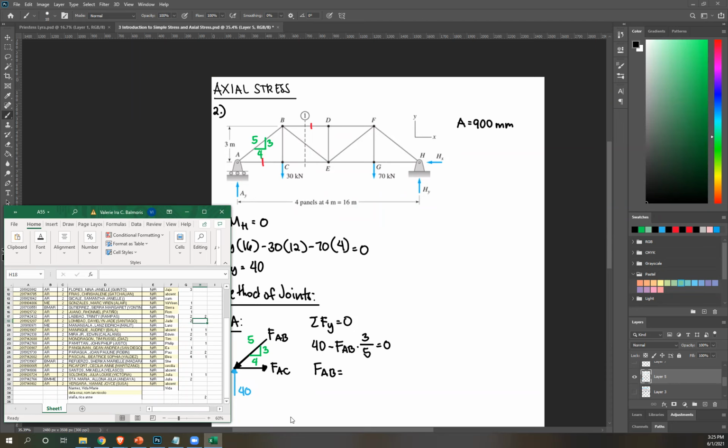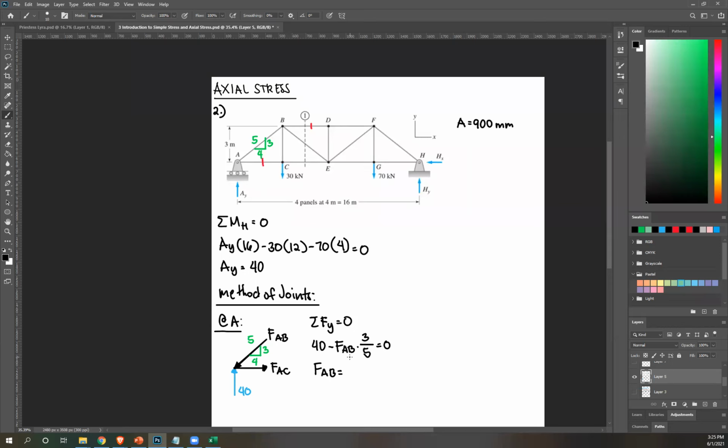Please store that in your calculator. It should be positive. Correct, positive, therefore correct assumption. This is kilonewton, right? Yes, kilonewton. I assumed it's compression, so compression. Once again, store this.